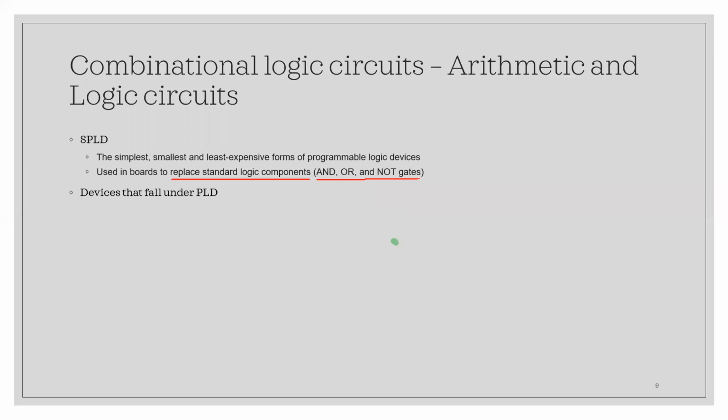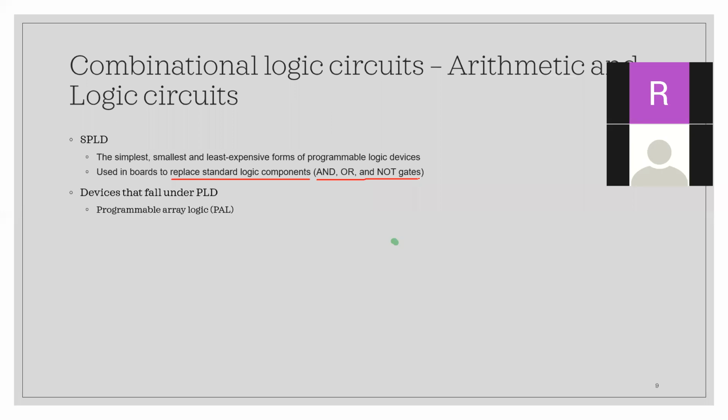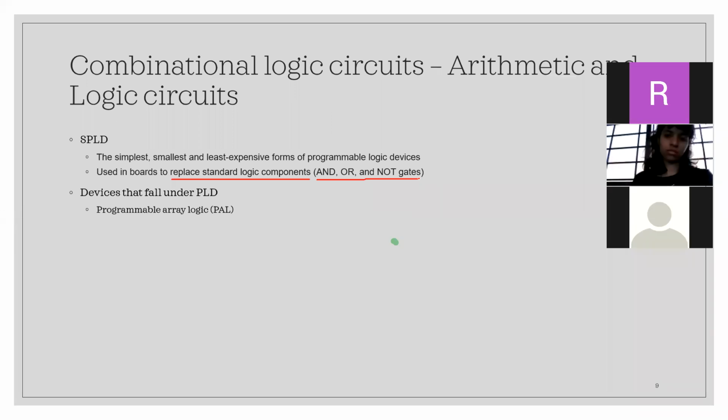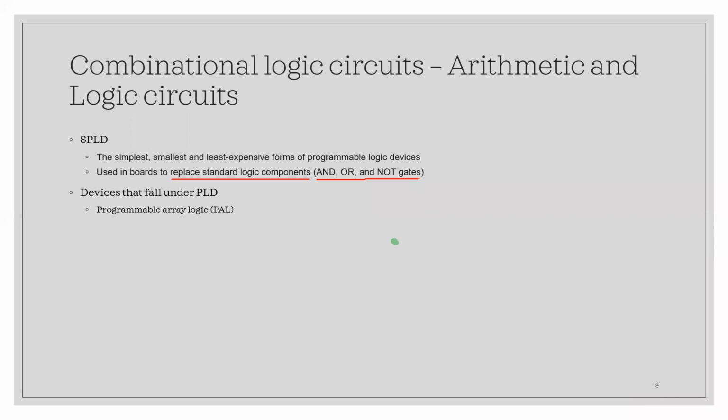Then the devices which fall under the PLDs: the first one is PAL. I will not be going in depth on these things because I think even in logic design you might have come across this. But if it is required later in your Verilog, at that time I will check it out. So we have programmable array logic and something called programmable logic array.